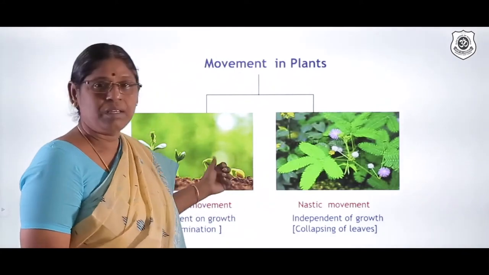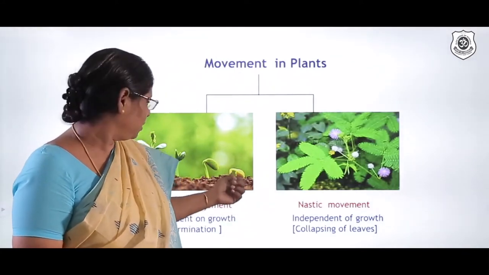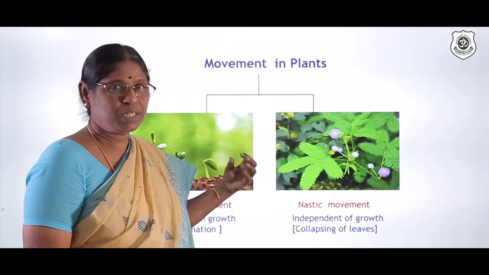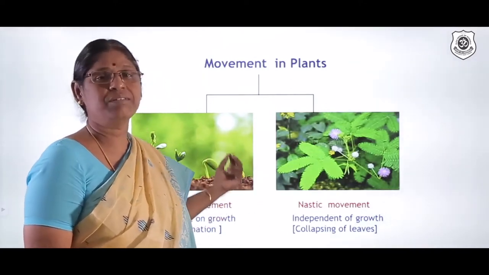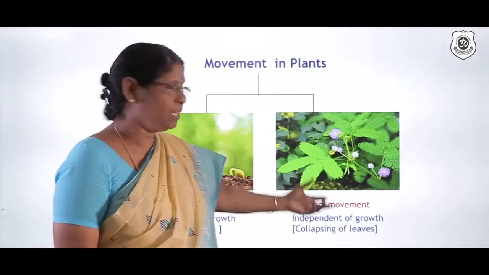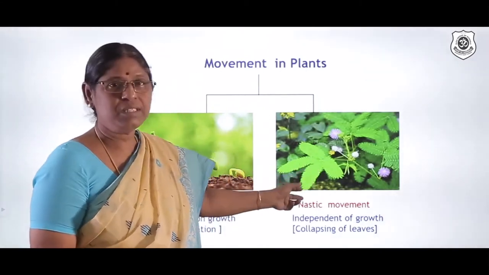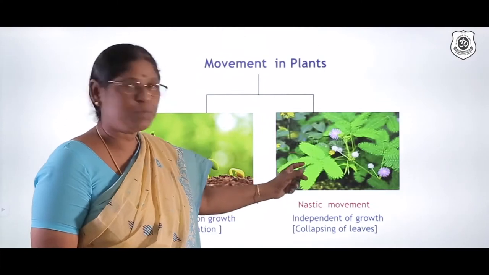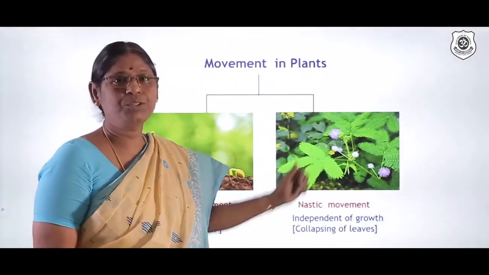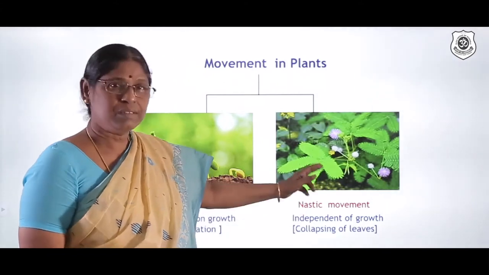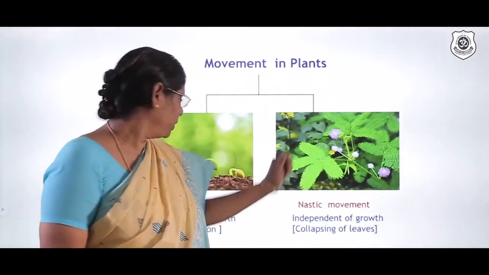The first one, the seed bursting out and the seedling coming out, is a movement related to growth. Whereas here, the movement in the touch-me-not plant, they collapse when we touch, and that movement is actually not related to growth. So they have a different movement.